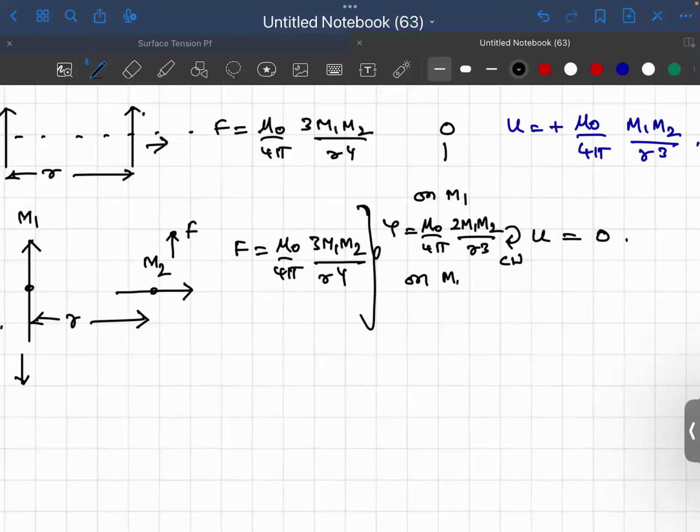On M2, the torque is mu naught by 4 pi, half of this, M1 M2 by R cube, clockwise. But potential energy is 0.